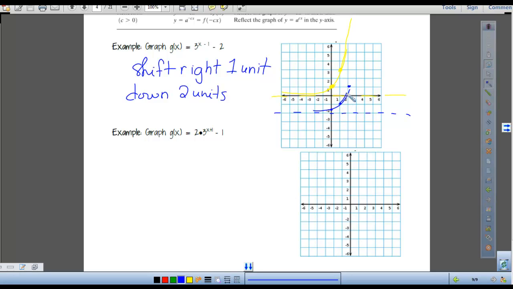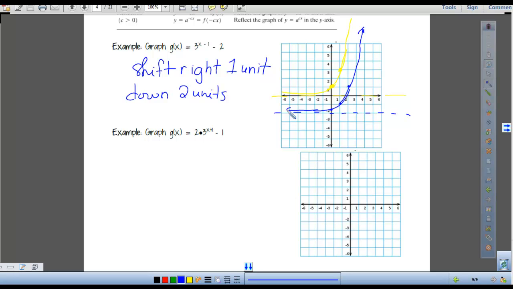It looks like this now. The yellow graph was just our basic graph of 3 to the x, and we used those 3 key points that we listed in item 8 to help us get that graph.